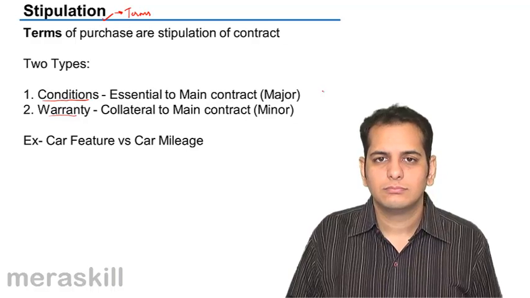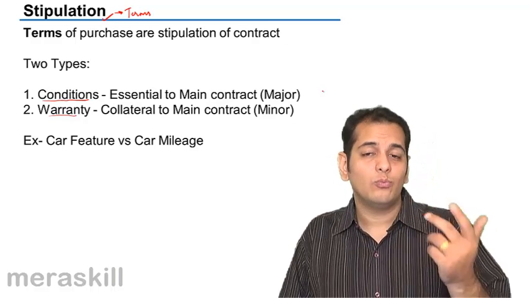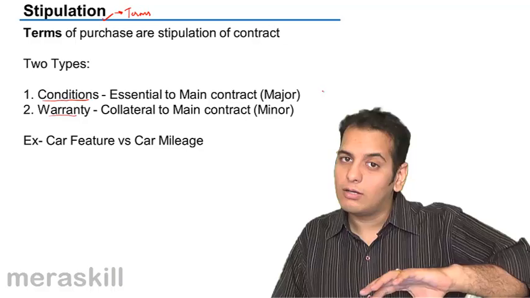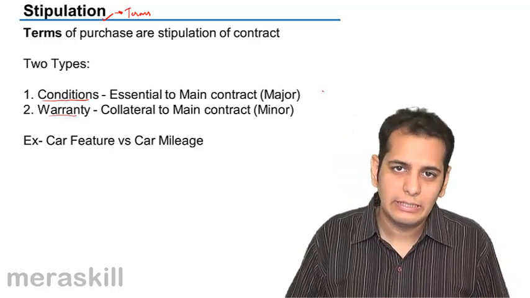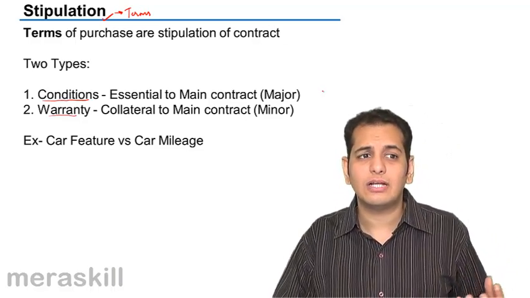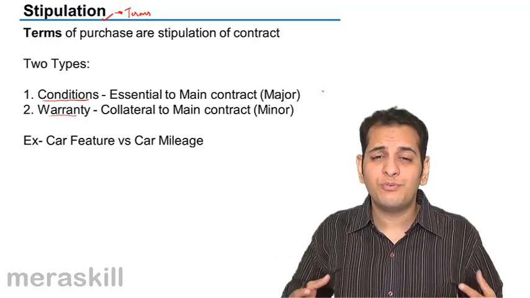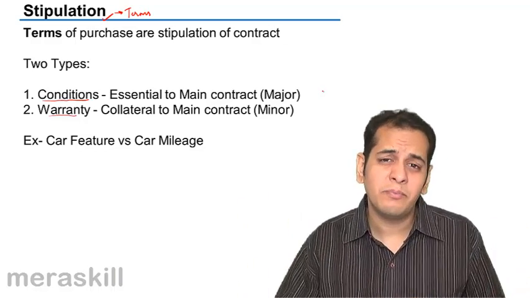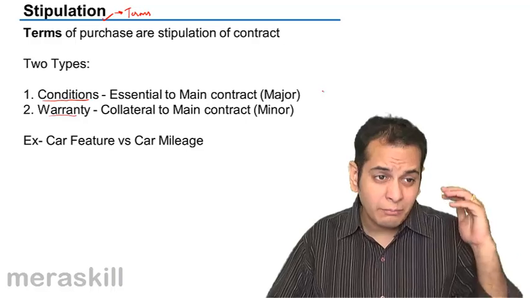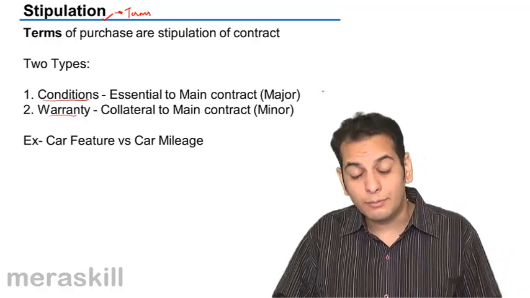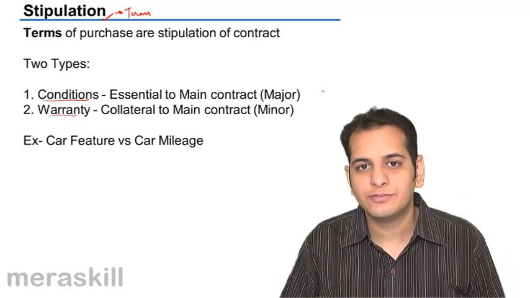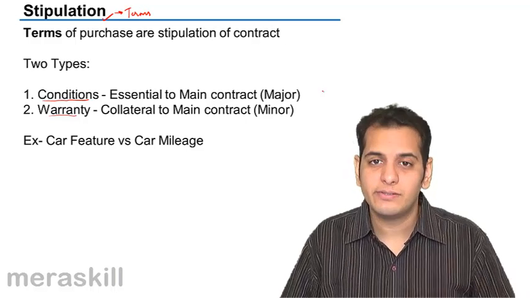Okay, I'll give you one more example to understand what is a warranty. Now we've understood what is a condition. Condition is a stipulation which is essential to the main purpose of the contract, which is very important for the contract, the breach of which gives the right to repudiate the contract.